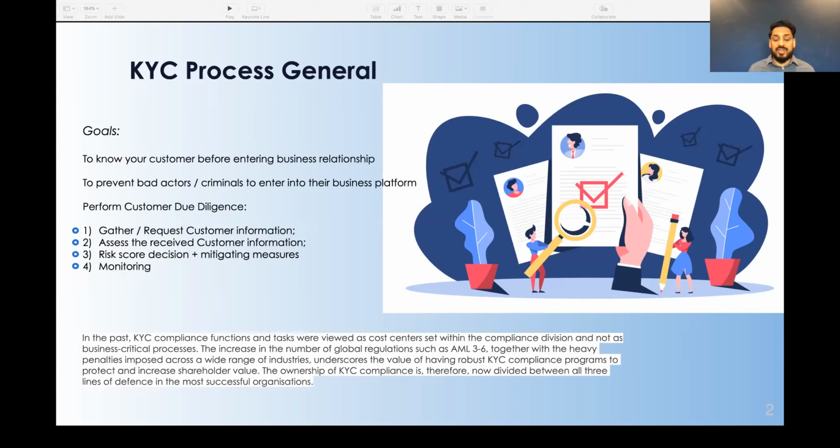With all of the changes that I will mention going forward, you will see that the KYC process is being evolved and changed even on a daily basis for some companies. There has been a lot happening these past years, you know, the increase of cryptocurrency companies, the fintech, but also in other areas. And I will touch on those in the other slides.